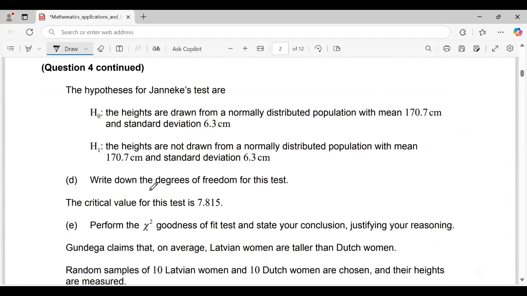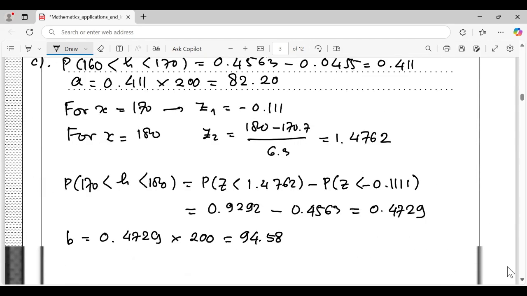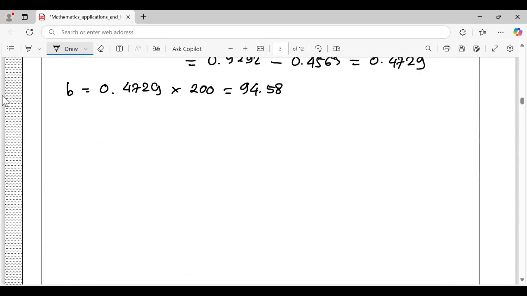Okay, write down the degrees of freedom for this test, df. We have to find df.